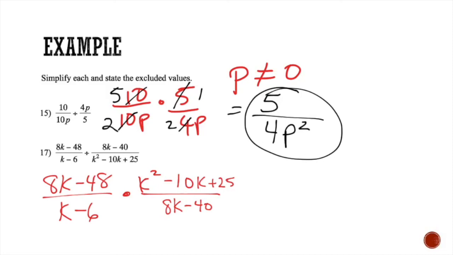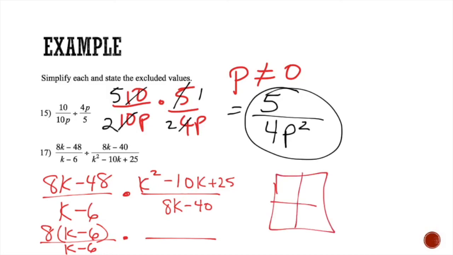All right, what can I take out of 8k minus 48? 8. So I'll have 8 and k minus 6. And I have a k minus 6 on the bottom. And what can I do with the k squared minus 10k plus 25? Box method.